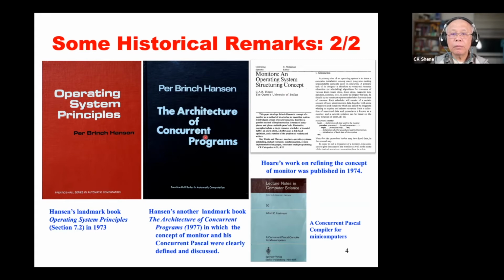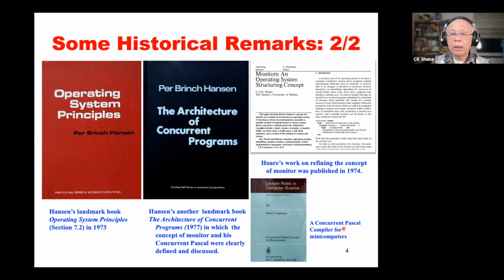And then Per Hansen, when he was with California Institute of Technology, Caltech, directed Alfred Hartman to develop a compiler for minicomputers, a PDP 11 computer.